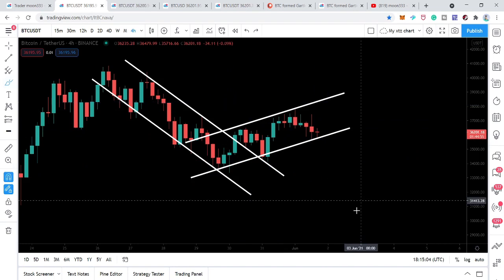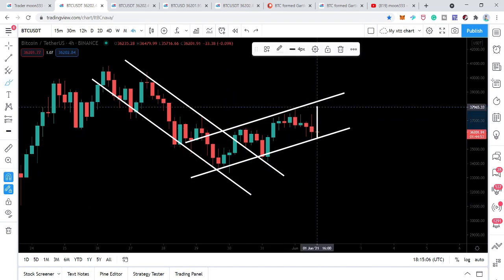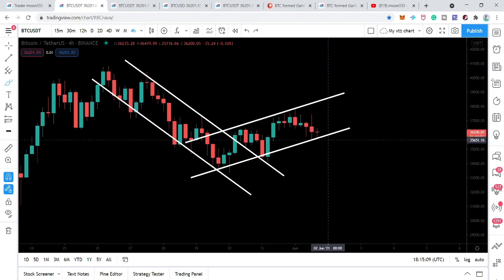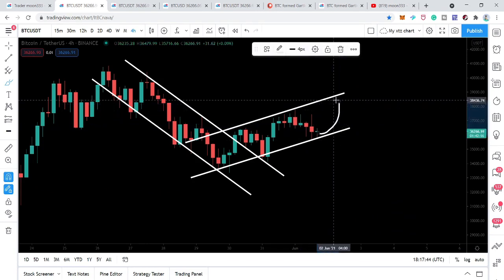And if the price action will move at least up to this resistance of the channel, for example in this way, then it can be a move up to approximately $38,500.